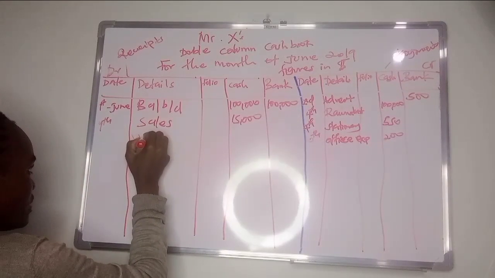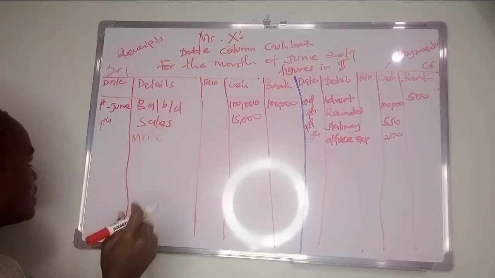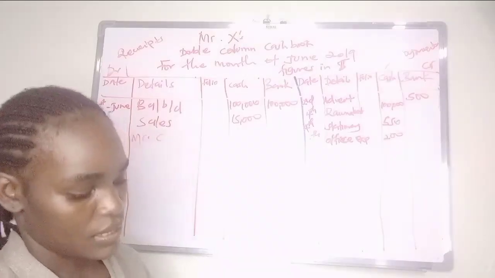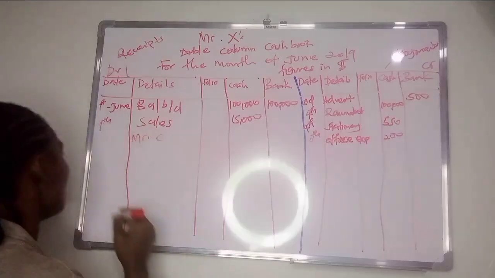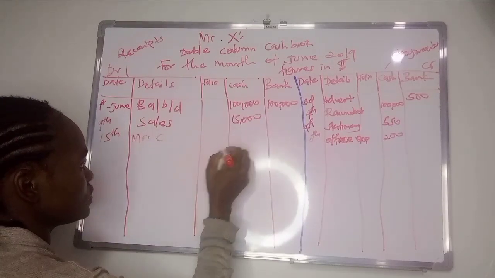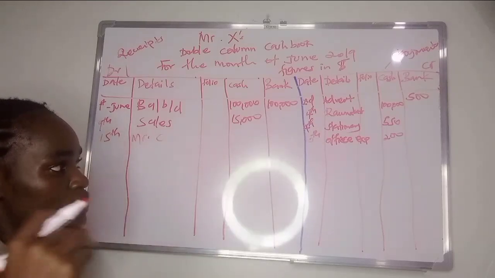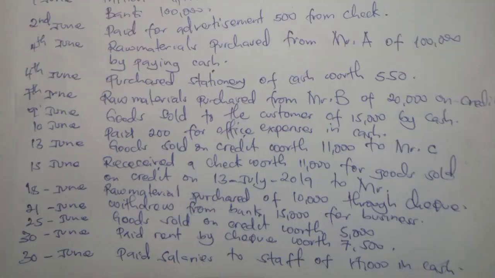You can write the name of the person, Mr. C. What's the date? 15th. Then the amount 11,000. It was a check, so we put it on the bank. 11,000.